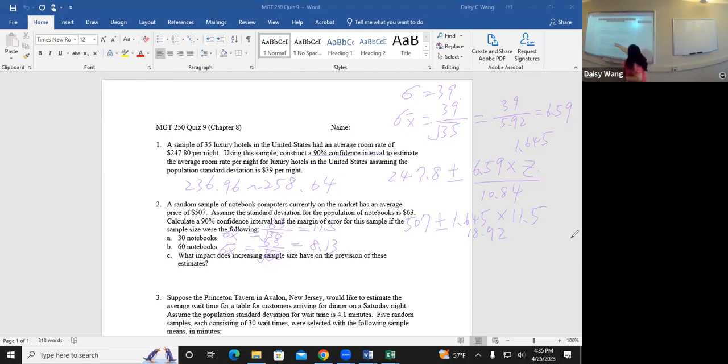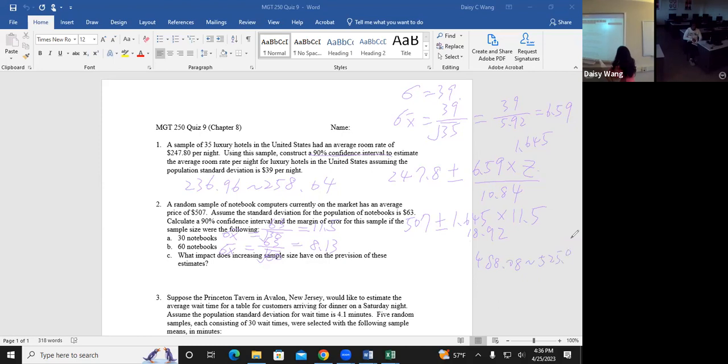So we want to calculate the margin of error. The margin of error for A is 18.92, this Z times the sample standard deviation. And then the confidence interval will be 507 plus minus 18.92, which will be 488.08 to 525.92.